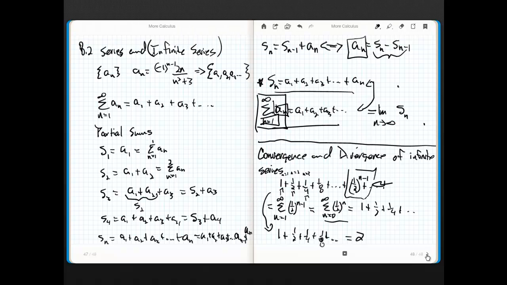This is an example of what kind of series? Well, it's geometric. But before we specifically define what a geometric series is, is it obvious that this converges? It converges because, if I take the limit as n goes to infinity of s sub n, which in this case equals 2, it will converge.